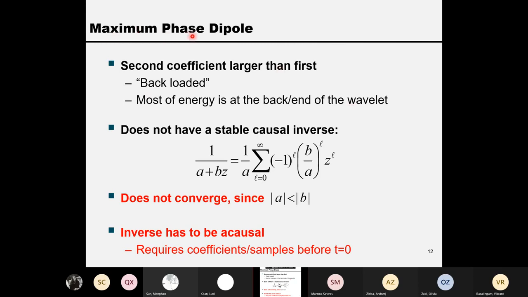A maximum phase filter does not have a stable causal inverse, just the opposite of the minimum phase filter.